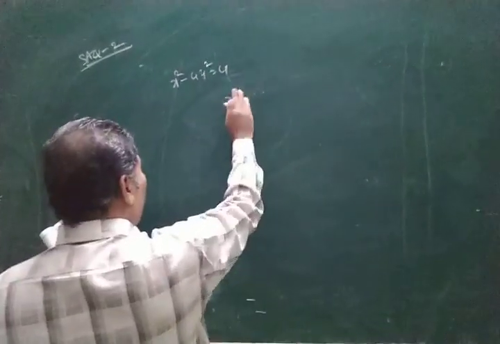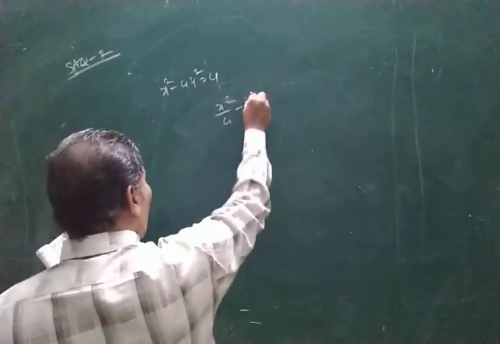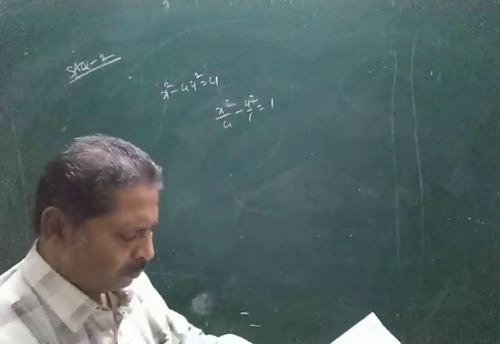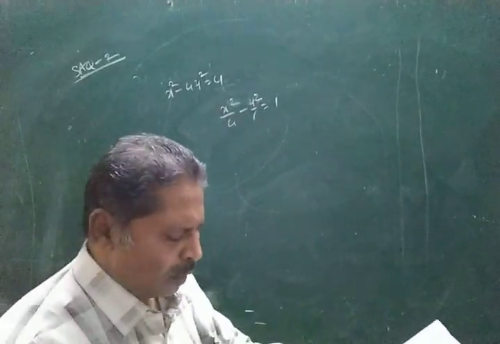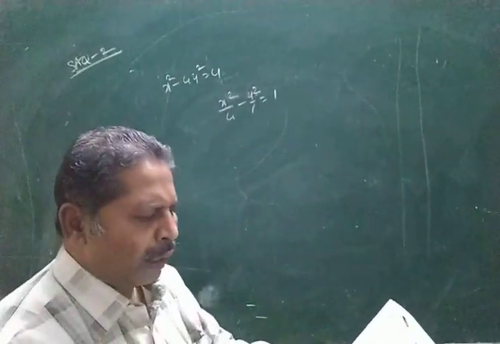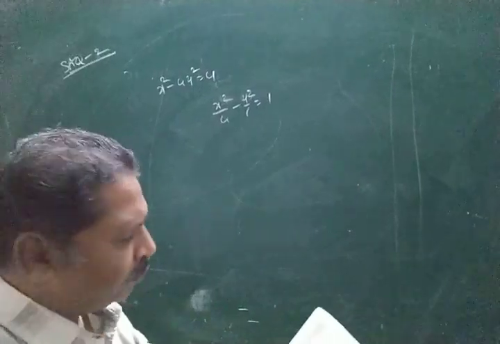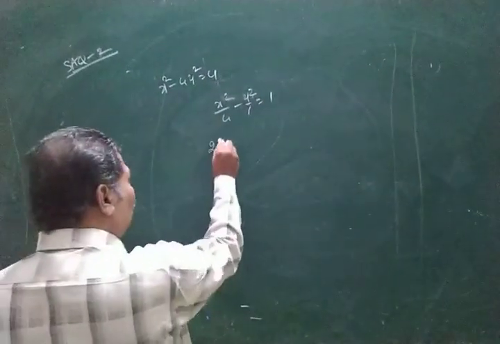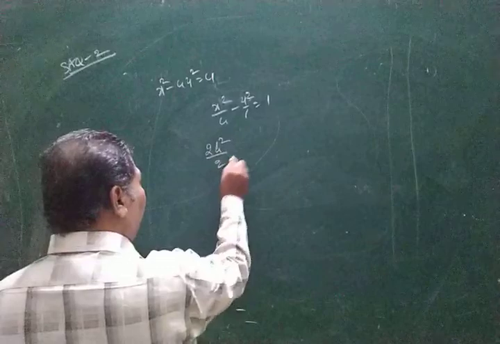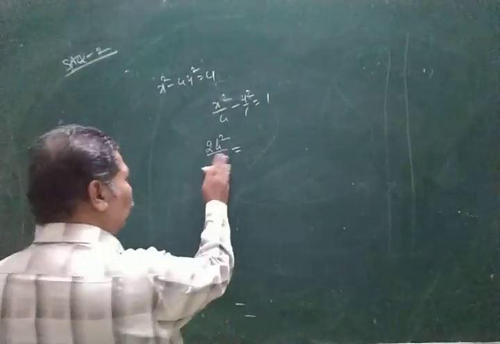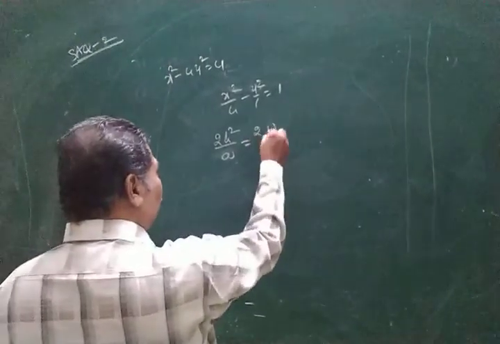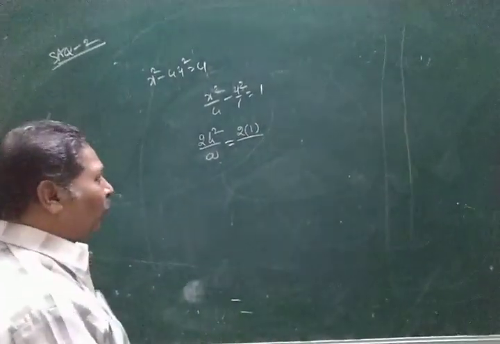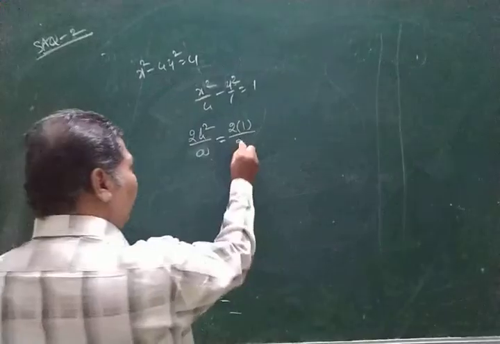X square by 4 minus y square by 1 equal to 1. Therefore, length of the latus rectum 2b square by a. 2 into b square value 1, a value 2.